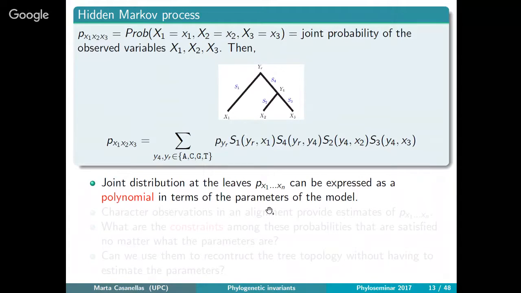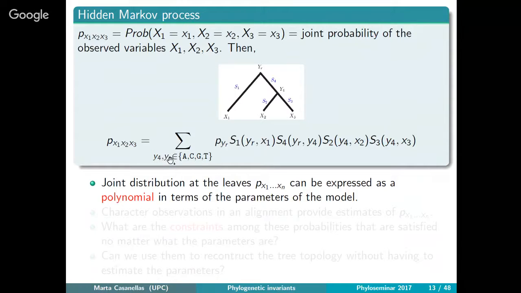Once we have fixed a model on a phylogenetic tree, we can write the joint distribution at the leaves of the tree. If I let this leaf be in state x1, nucleotide x1, and this leaf in x2, and this leaf in x3, I can write the probability of observing these 3 nucleotides at the leaves as the sum over all interior nodes, the probability corresponding to the state at the root.